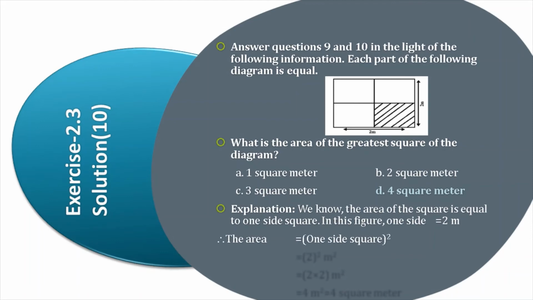So the area is one side squared. Then we can write 2 squared, because one side is 2, and meter squared. 2 squared means 2 multiplied by 2 meter squared. That is 4 meter squared, equal to 4 square meter. That is our desired answer.